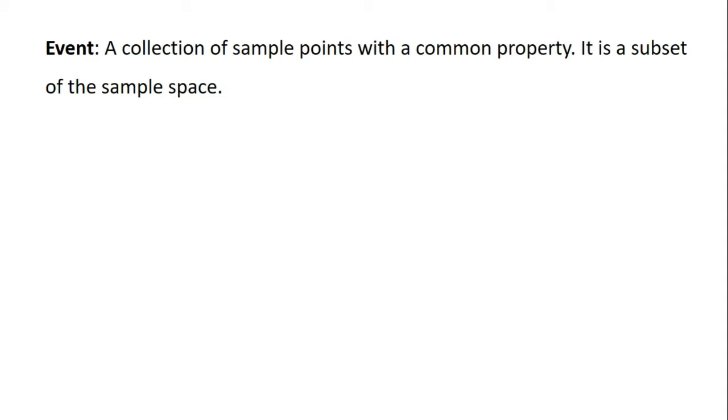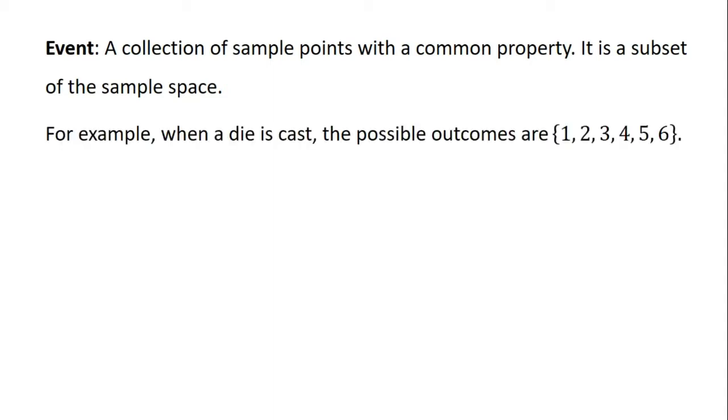Let's consider this example. When a die is cast, the possible outcomes are 1, 2, 3, 4, 5, 6. We learned in the previous video that when you cast a die or when you roll a die, the sample space or the collection of possible outcomes are 1, 2, 3, 4, 5, and 6.